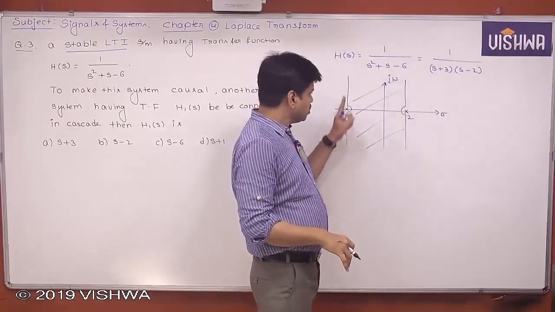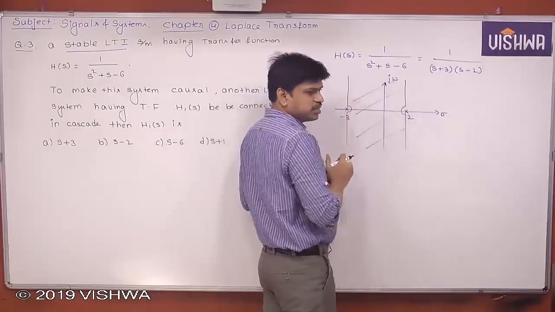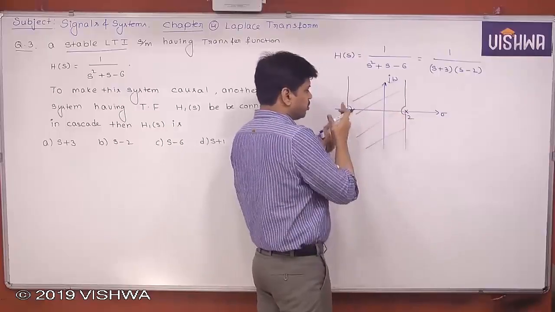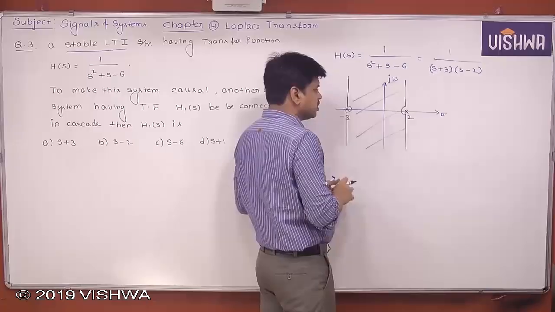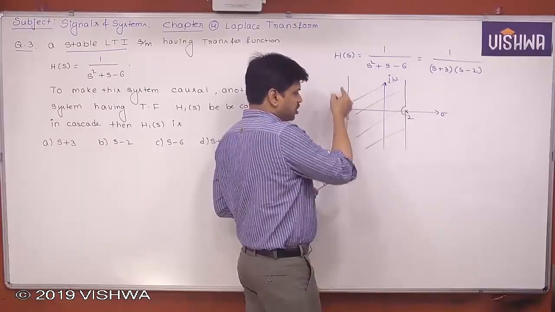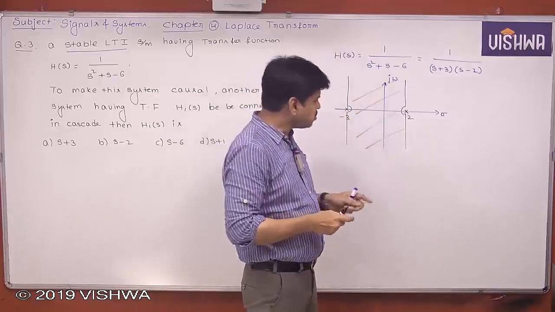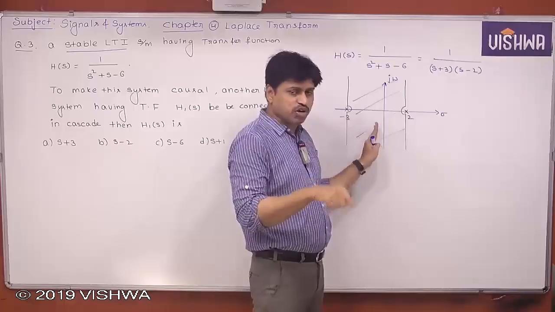For the pole at minus 3 it is a right side signal, and for 2 it is a left side signal. That means if I write the expression for this pole, it has to be a right side signal, that means U of t. If I write the expression for the other pole, it has to be left side, that means U of minus t.